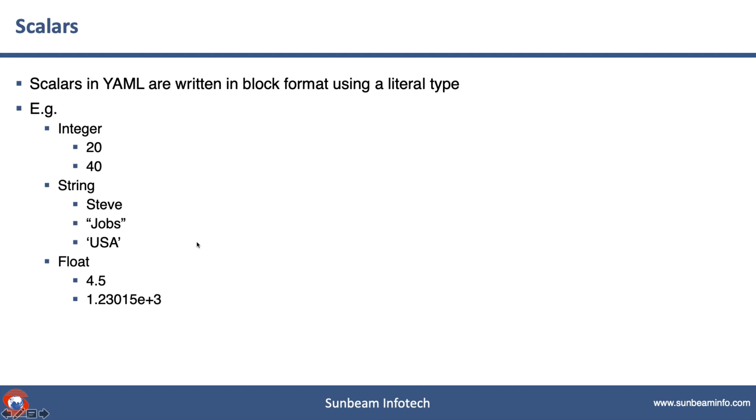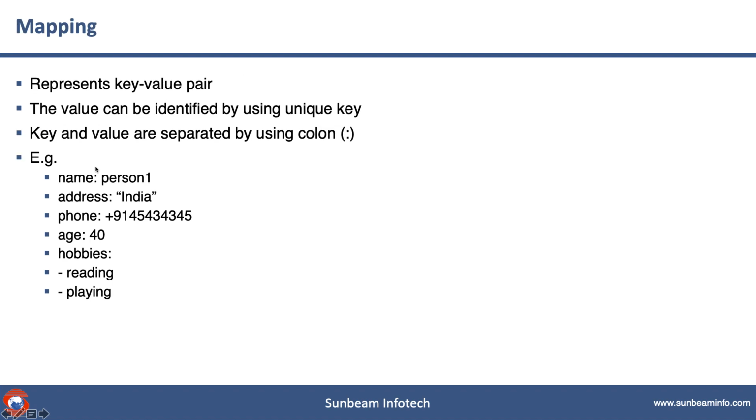Now sometimes having only 20 or 40 won't make any sense, so you want to associate those values with keys. That is called a mapping. This is the second thing you can have in YAML. YAML has a key value pair called a mapping, in which name is a key and person1 is a value. Again, address is the key, India is the value, and so on.